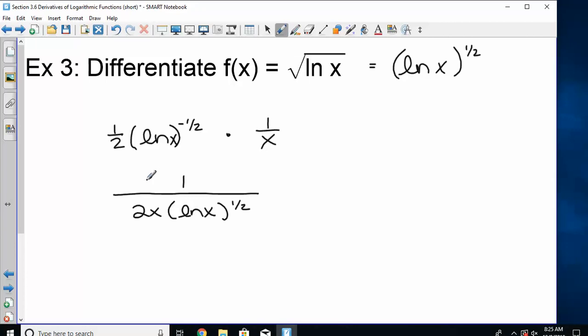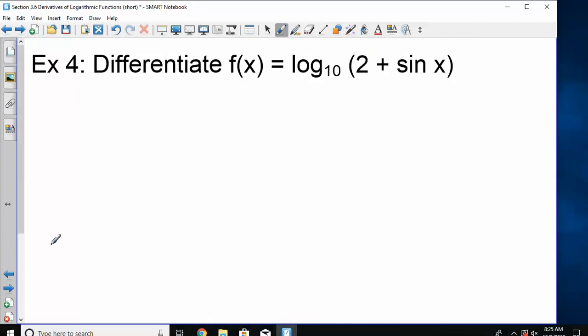Want to try one that's not a natural log? Okay. So, derivative of a log. We have to use that first rule we derived, which is just 1 over the argument.